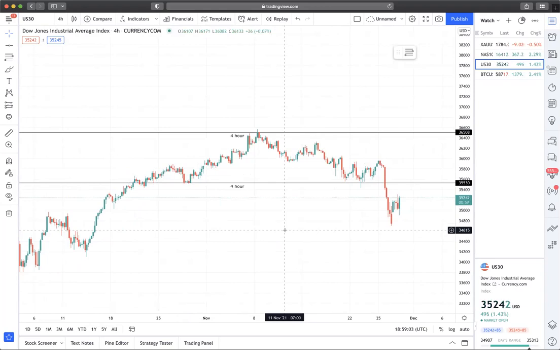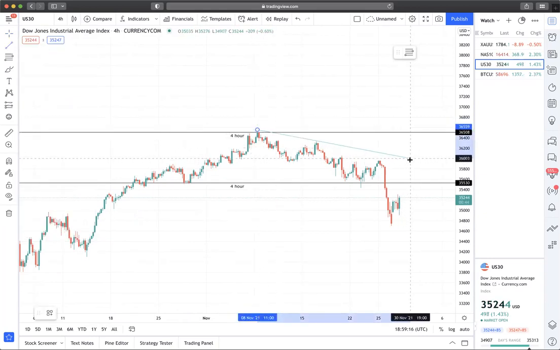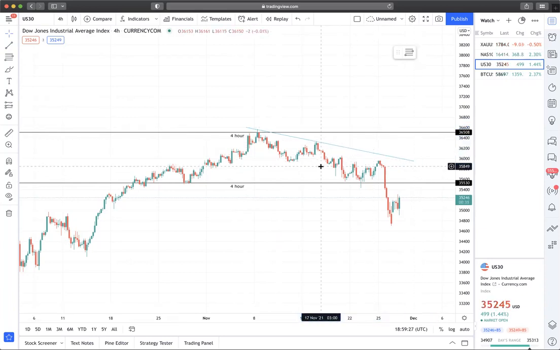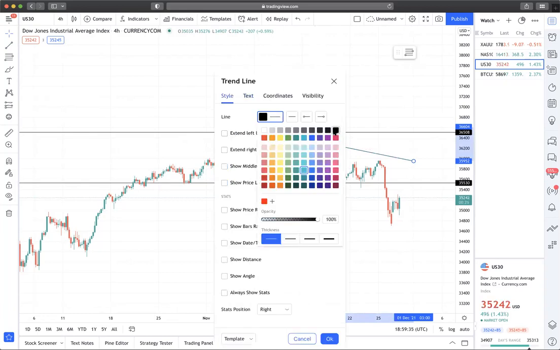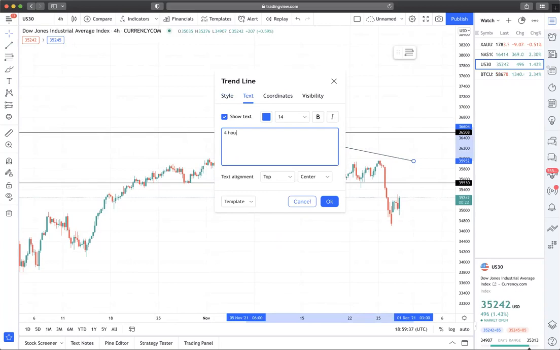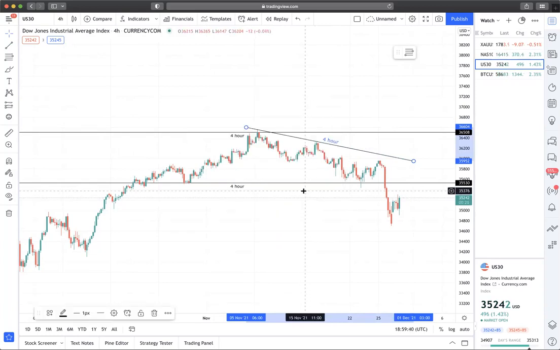So first and foremost, like I said, 4 hour market direction. You're going to do your high and low points, your support and resistance. You can also mark your trend lines as well. So like I see here, 1, 2. We're going to make all 4 hour one color.